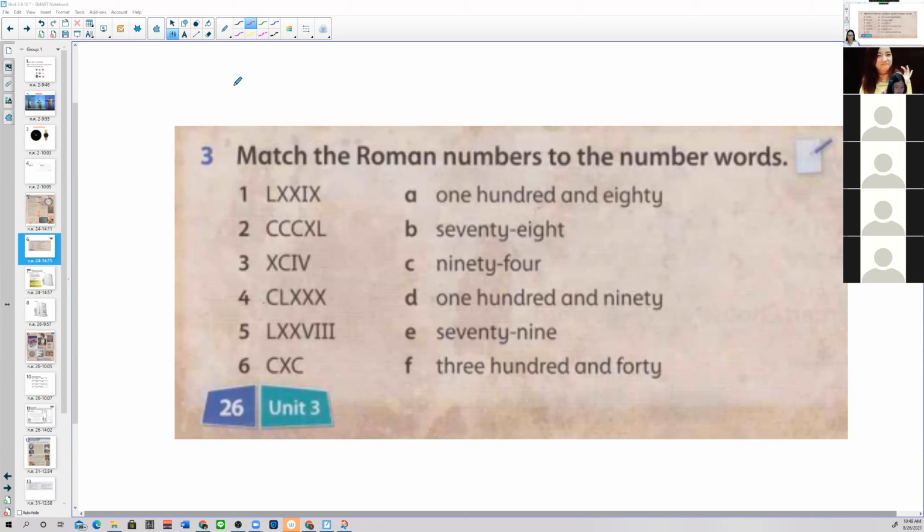If it's like this one, it has to be the same number. That's L, right? It's 50. XX is another 20, so you add them together, that's 70, right? And then V is 5, and 1, 1, 1.